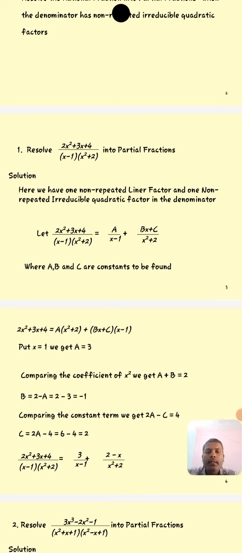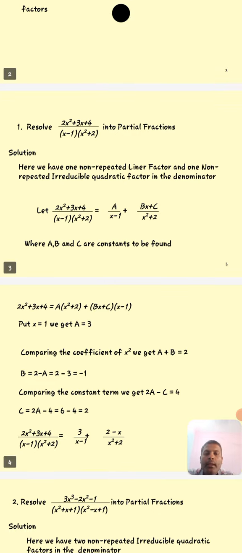After completing the simplification, we get 2x square plus 3x plus 4 is equal to a into x square plus 2 plus bx plus c into x minus 1. This is the actual equation number 2. Now we use the substitution method to find the values.